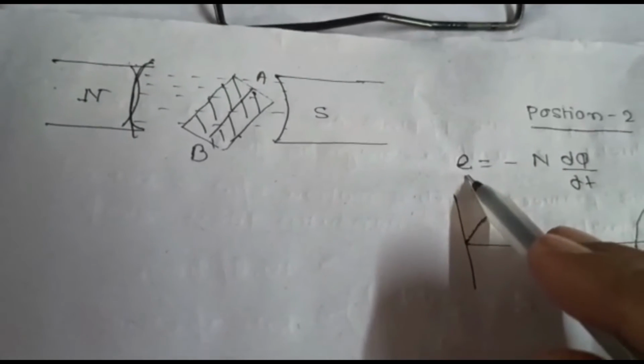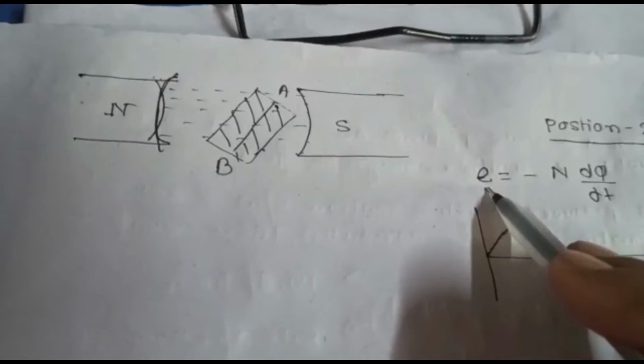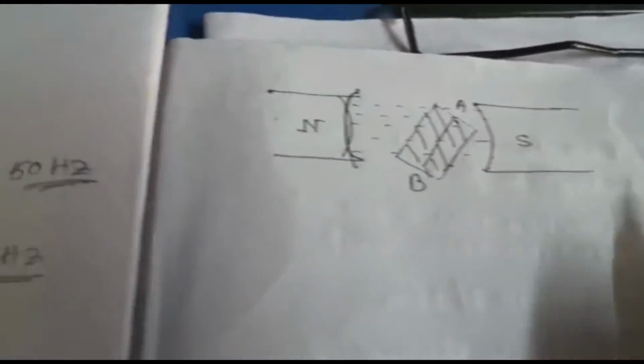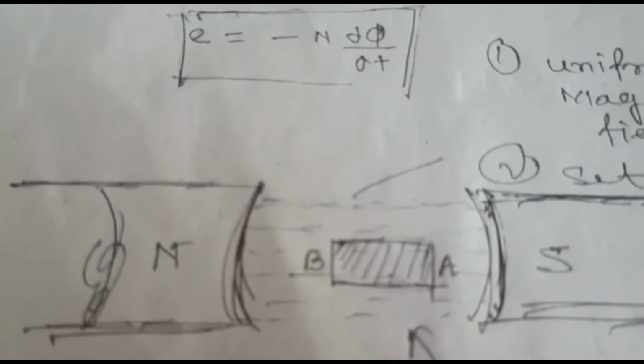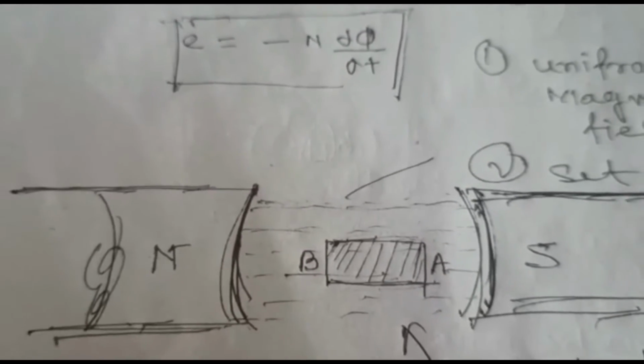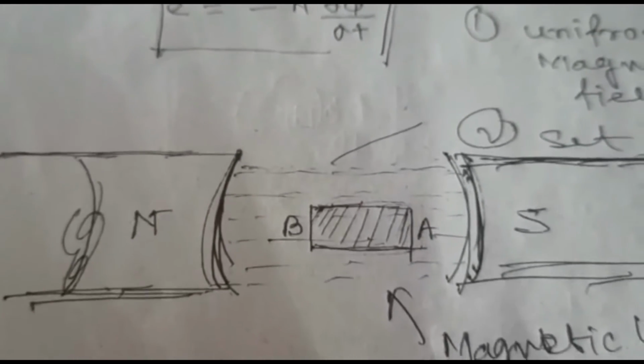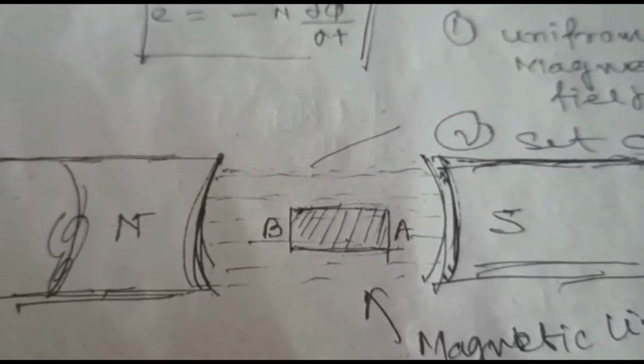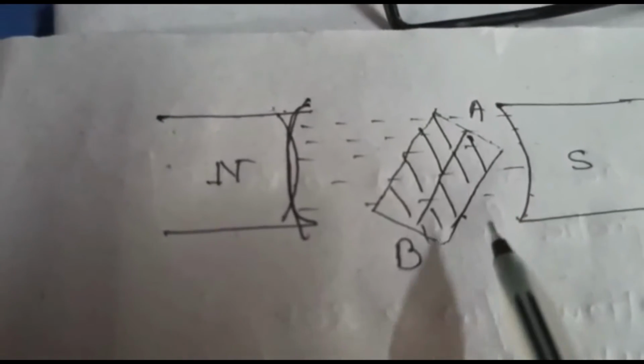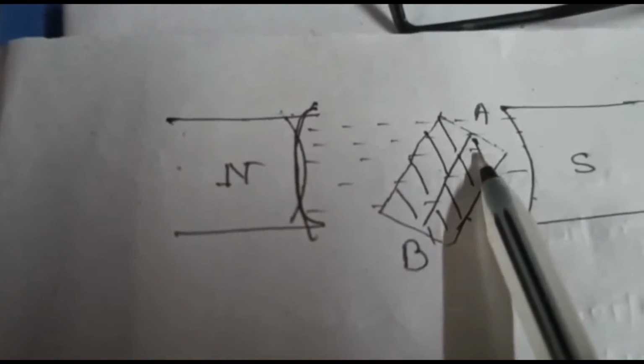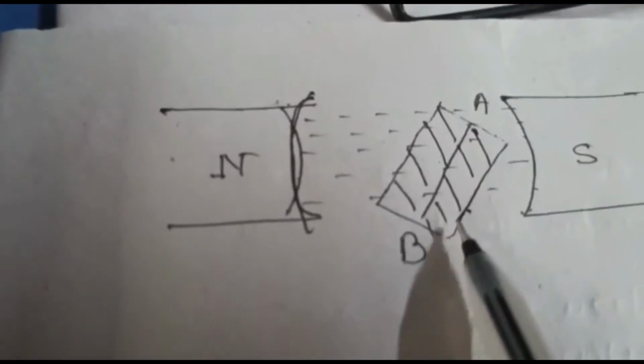If d phi by dt, the rate of change of flux, is increased, then E is increased, meaning EMF is increased. In the previous case, the rest condition, no flux is linked with the conductor, so EMF is not produced. But in the second position, the amount of flux linked with the conductor is more compared to the previous, so more EMF is produced.